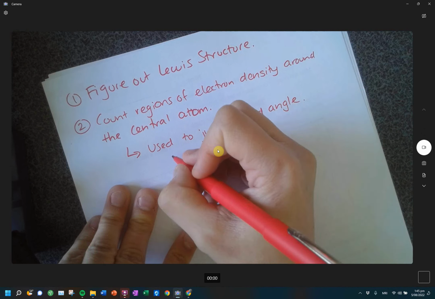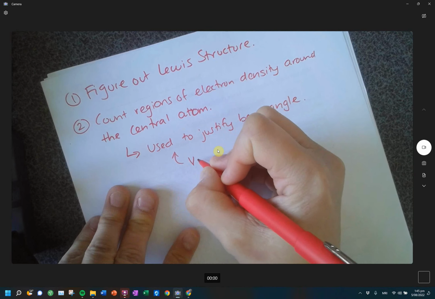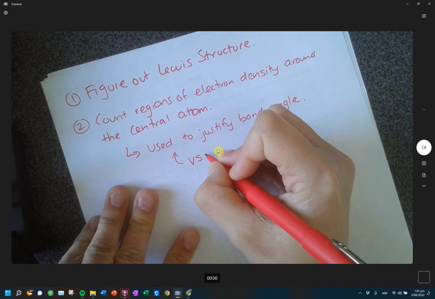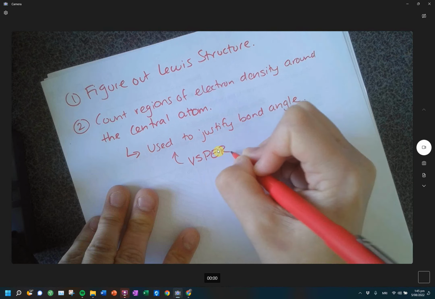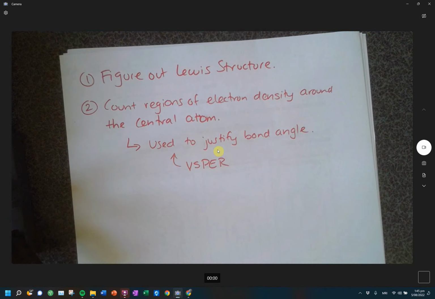And the main way you're going to justify that is using the VSEPR. So that VSEPR theory was that theory talking about how because they're all negatively charged, they're going to try to separate to maximize distance apart and minimize repulsion.